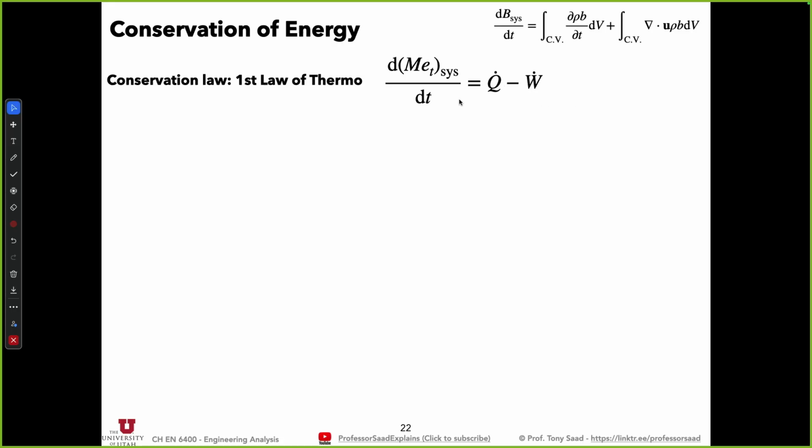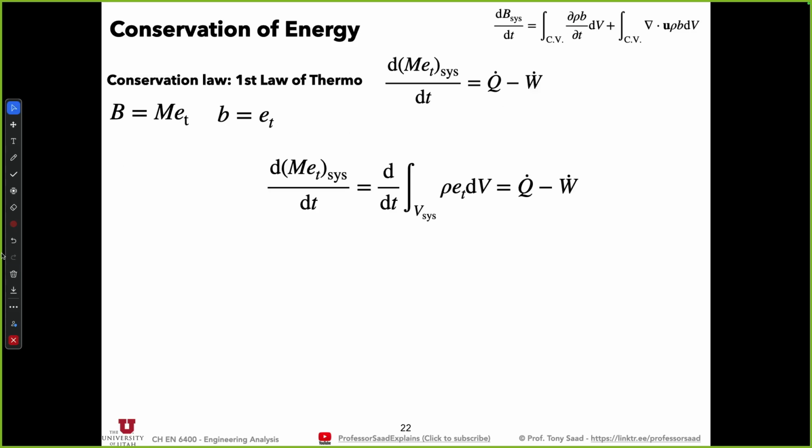Then my capital B is M e_t, and the intensive property, where the extensive is mass times specific energy, is simply the specific total energy, e_t. Then I simply substitute in the Reynolds Transport Theorem.